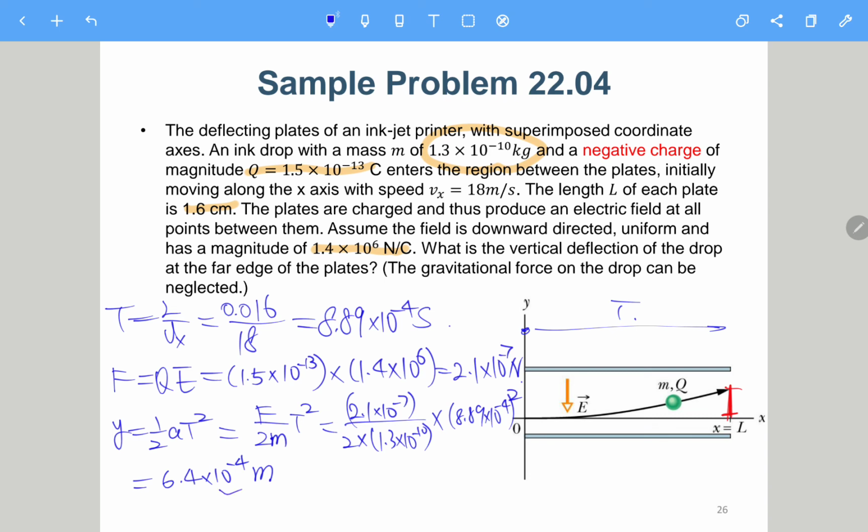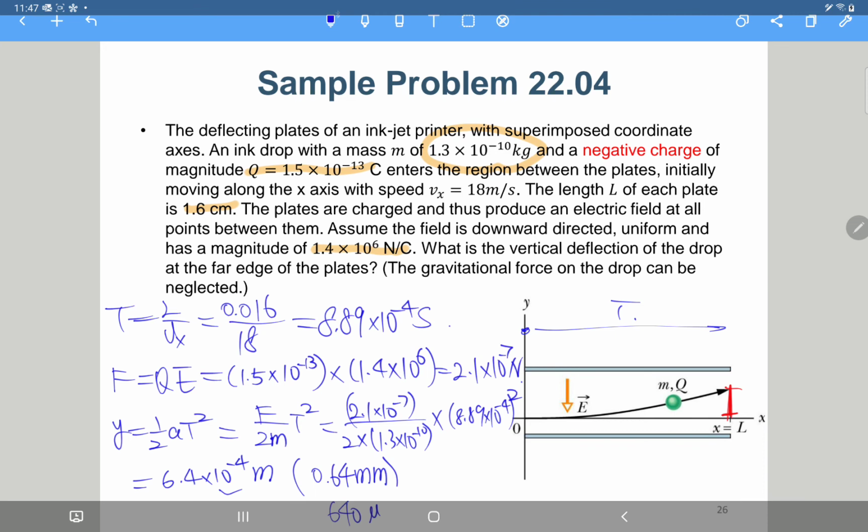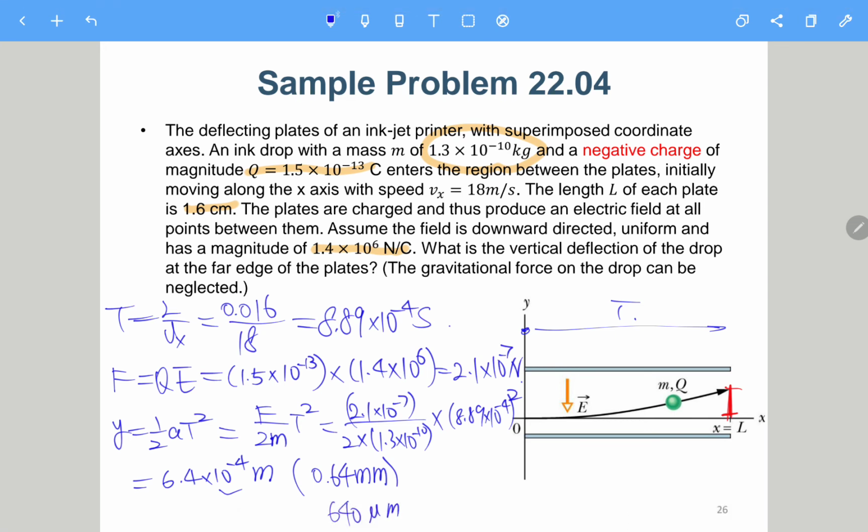If we would like to write it using the scientific prefix, you can write it as 0.64 millimeter, or maybe you can write it as 640 micrometer. Usually 0 point something is still okay, but we will not write it as 0.06 millimeter.